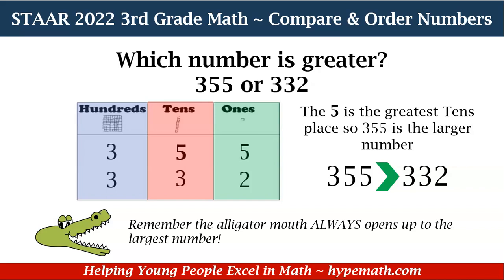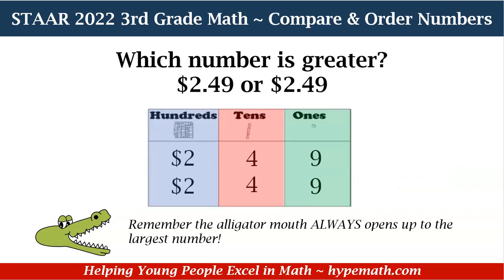Let's look at one more example before we dive into our questions. Which number is greater, $2.49 or $2.49? Step 1, we're going to write our numbers and line them up based on their place value. So now let's compare our numbers.